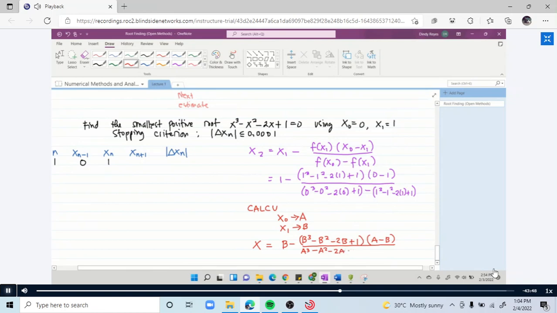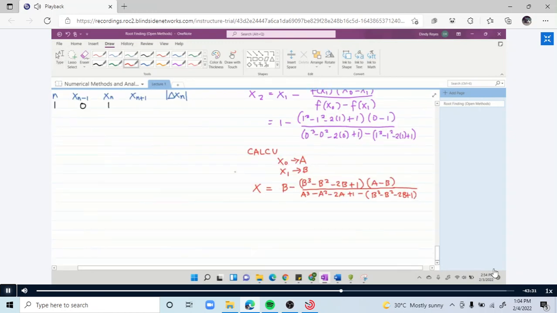Be careful, it might look like a triangle. Minus the quantity b cubed minus b squared minus 2b plus 1. Then shift solve, then enter the values of a and b.